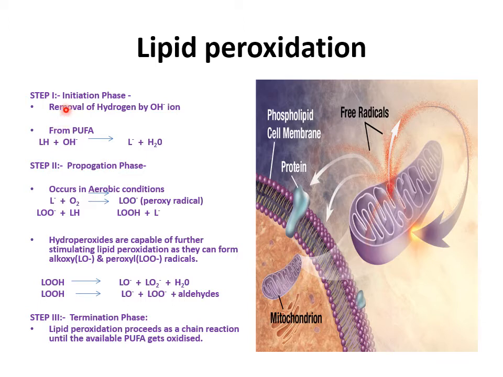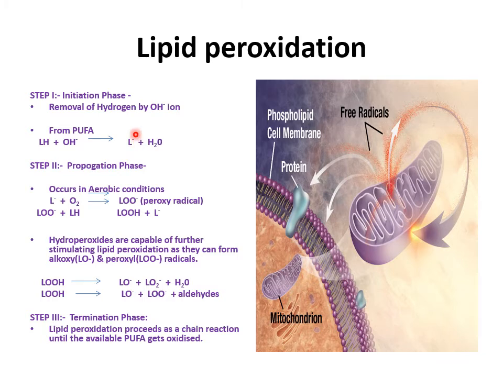So the first is the initiation process, the second is the propagation process, and the third is the termination process. Now, in the initiation process, what happens? The polyunsaturated fatty acids, PUFA, present in the cell membrane are easily destroyed by peroxidation. During the initiation phase, the primary event is the production of lipid radical.